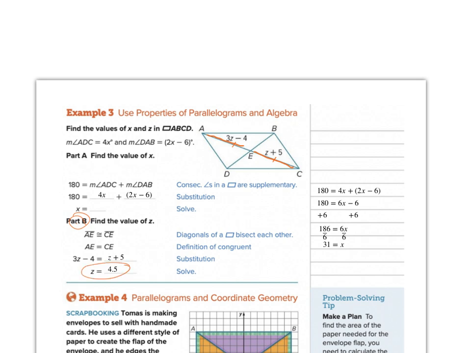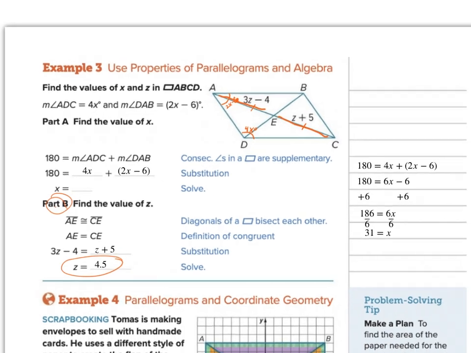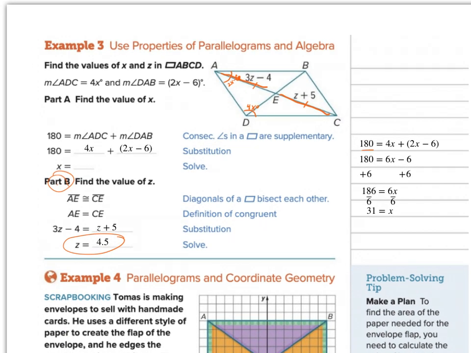Now, the other one is telling us that ADC is 4x. So ADC, this entire angle right here, is 4x degrees. And DAB, this entire angle, is 2x minus 6. And what we know about two consecutive angles is that they equal 180 degrees.